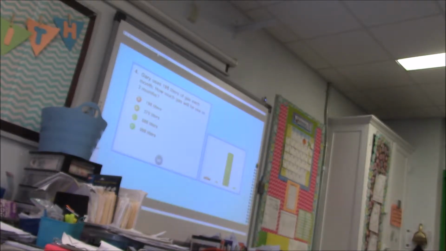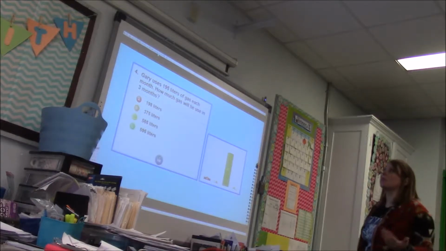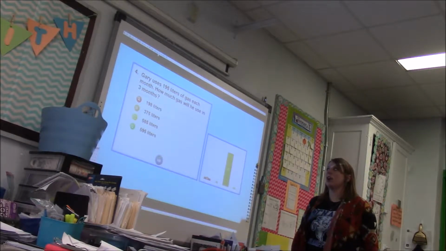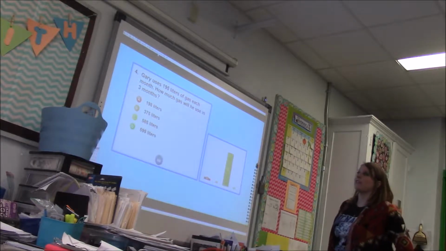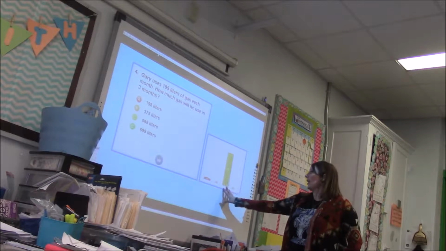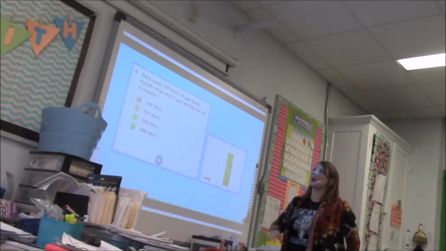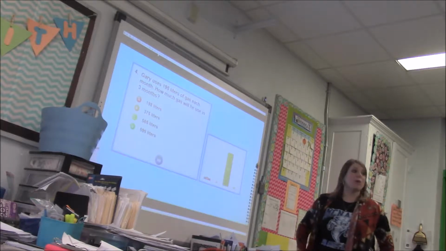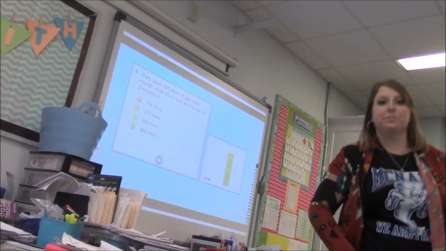She said 195 times 3, and then our label is liters. Very good. And we got the correct answer, 585 liters. It looks like we've got maybe 1 or 2 friends who chose A. We'll make sure we're multiplying here. We're talking about multiplication. Very good.